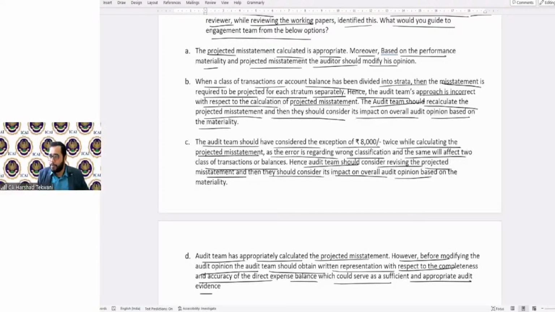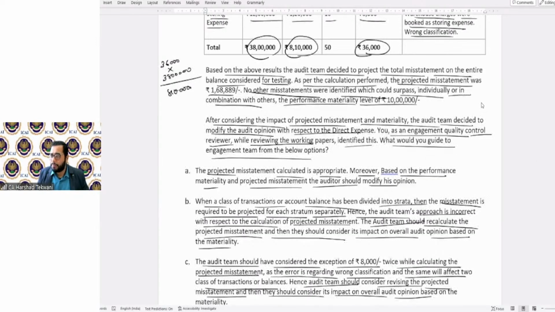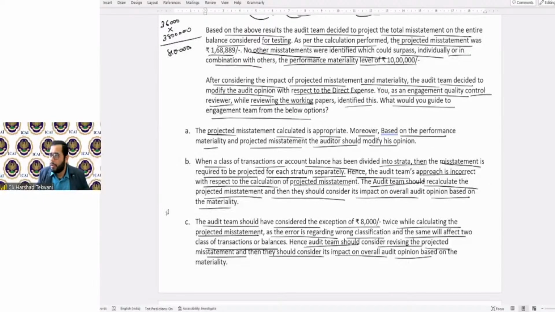I hope I'm clear. Any doubt? If no further doubts, then I suggest we move to the next standard.